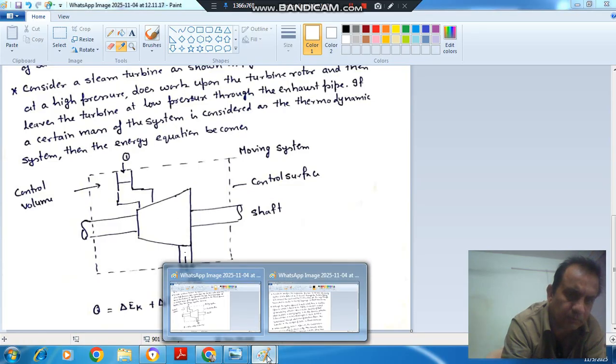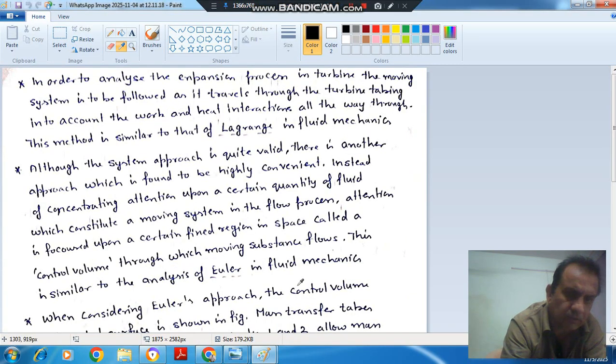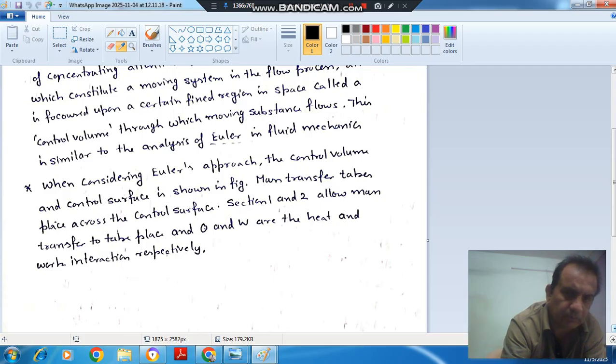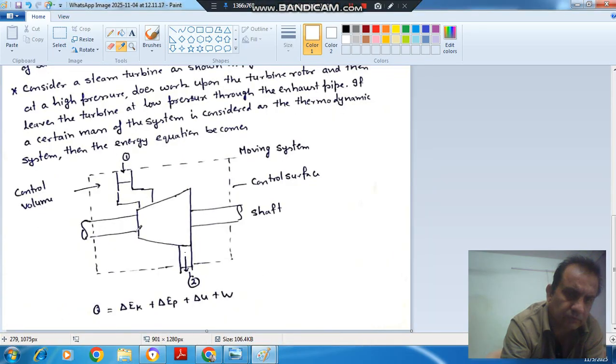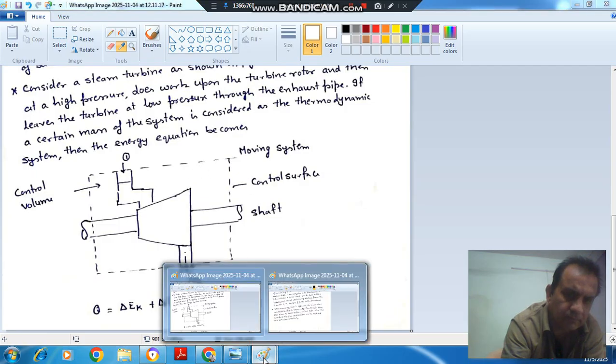That is Euler's approach. When considering Euler's approach, the control volume and control surface are shown in the figure. This is the control volume, this is the control surface.